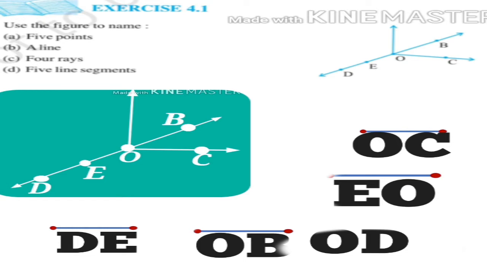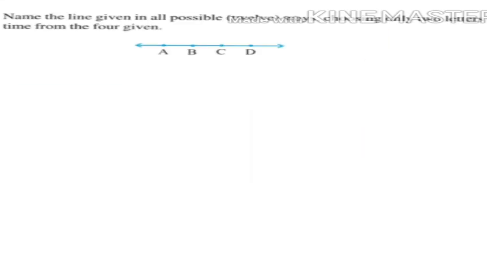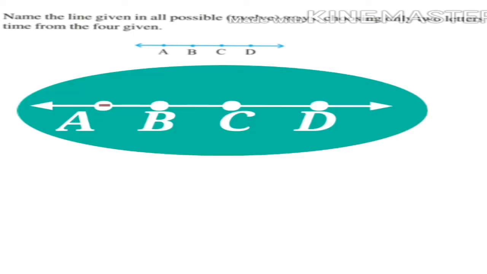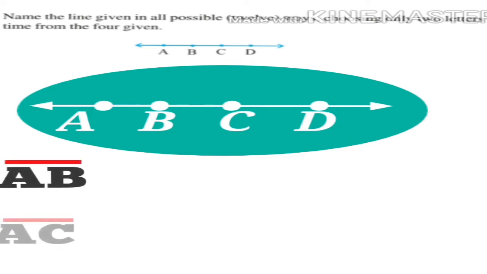Now let's move to the second question. Name the line given in all possible ways. Here we have a line with 4 points A, B, C and D. So here we have first line segment AB, then AC, then AD.